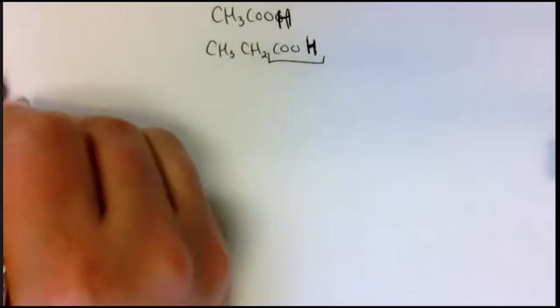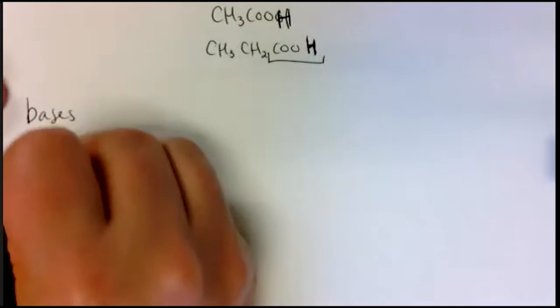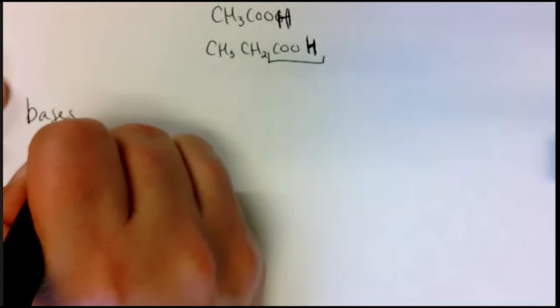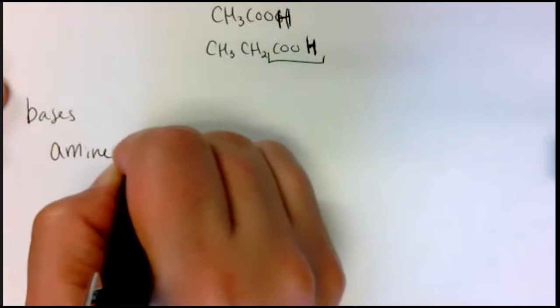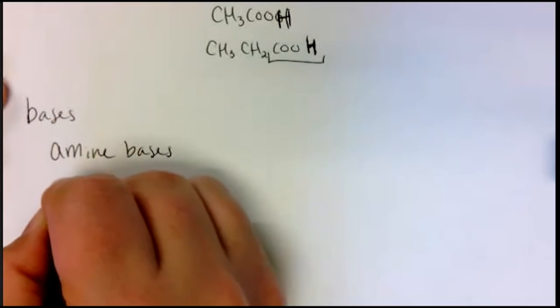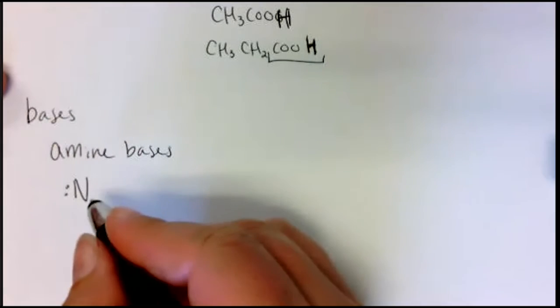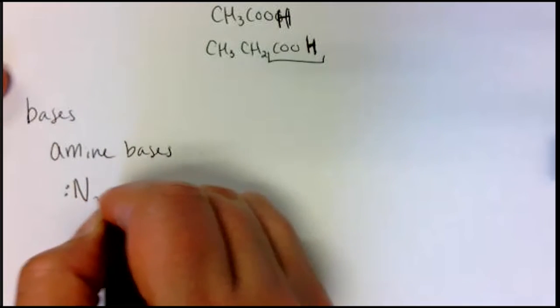For your bases, we have amine bases. So that's a nitrogen containing base. So it has a nitrogen with a pair of electrons, and then some other stuff on it.